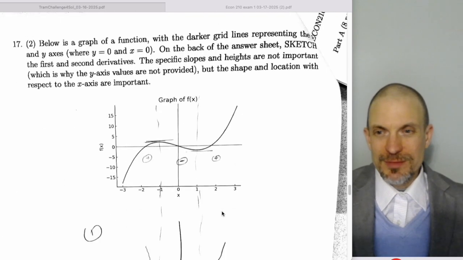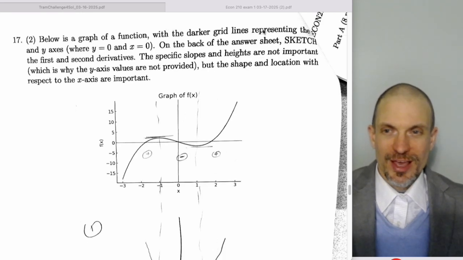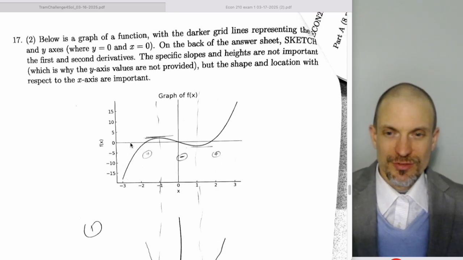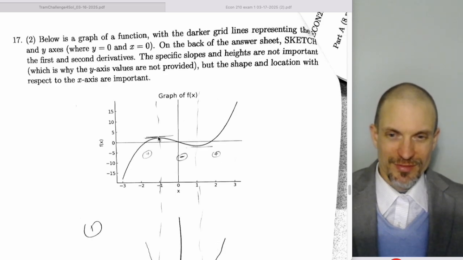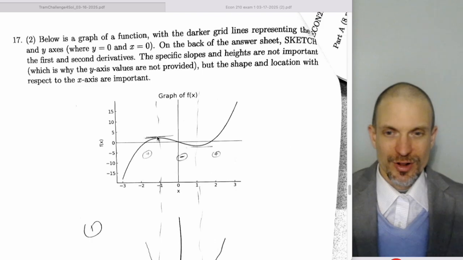Okay, lastly, below is a graph of the function, with darker grid lines for the y-axis. Sketch the first and second derivatives. So here's the function. For negative values of x, first it's increasing, then we have our critical point.